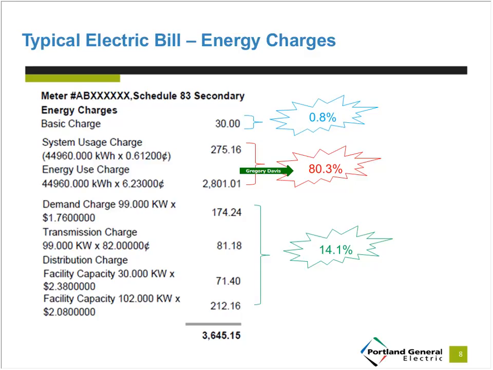And then there's also the demand charge, and this really has to do with using equipment, turning on and off equipment. It's how much you're using in a specific finite amount of time.